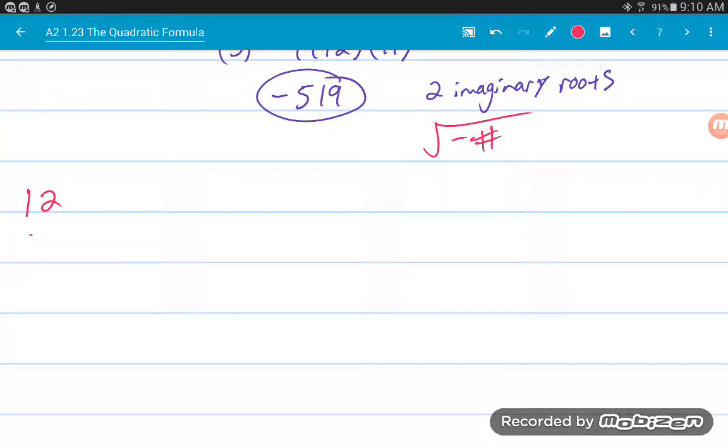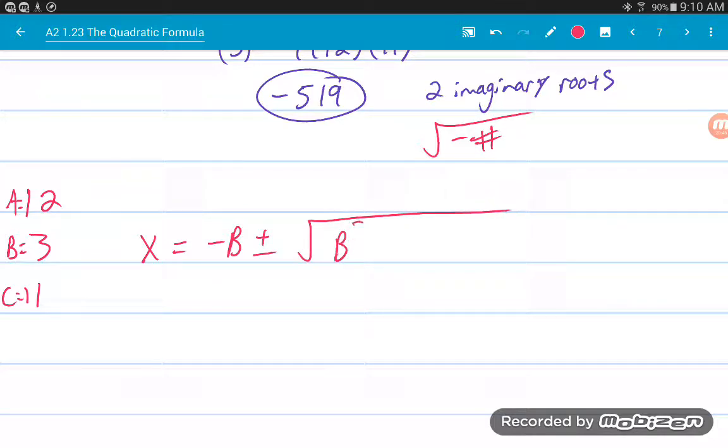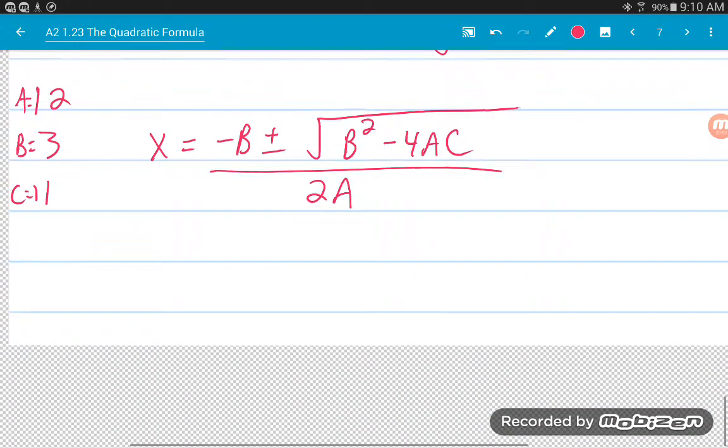So remember, 12, 3, and 11 are a, b, and c. The quadratic formula is x equals negative b plus or minus the square root of b squared minus 4ac all over 2a.